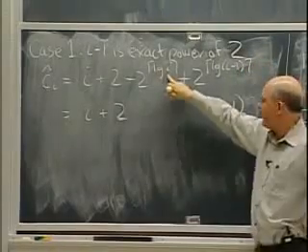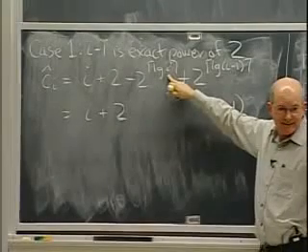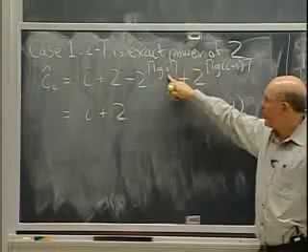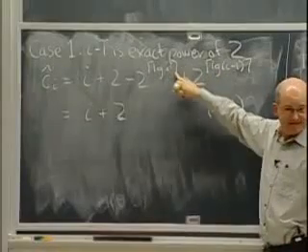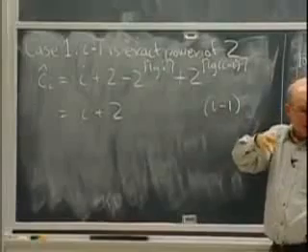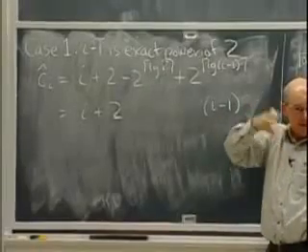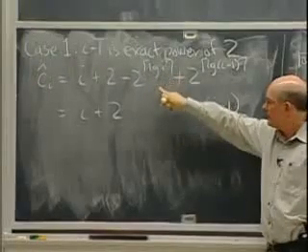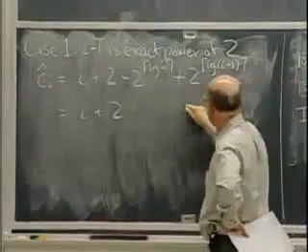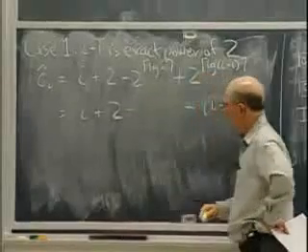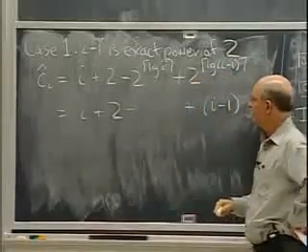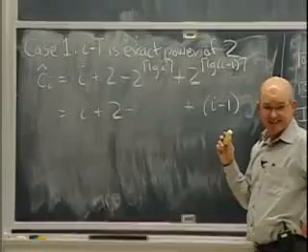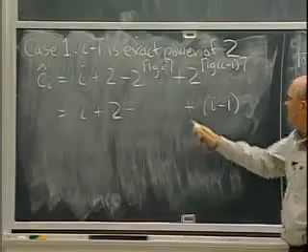Okay, this one, however, is not an exact power of 2. But what is it? It's just one more than this guy. We know that I minus 1 is an exact power of 2, so it's going to be the next bigger one. So how do these two compare?